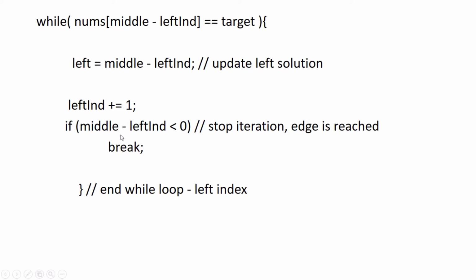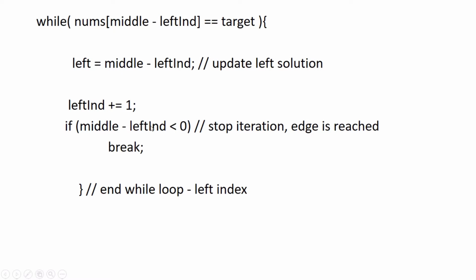But we do a check here. If we subtract that increment from the middle and we discover that the value is less than 0, we need to stop, because that means we have reached the edge of our array. For example, if the middle is 0 and our left index is 1, then 0 minus 1 gives us minus 1, which is less than 0. So we need to break out of this while loop and just return what we have as our left.